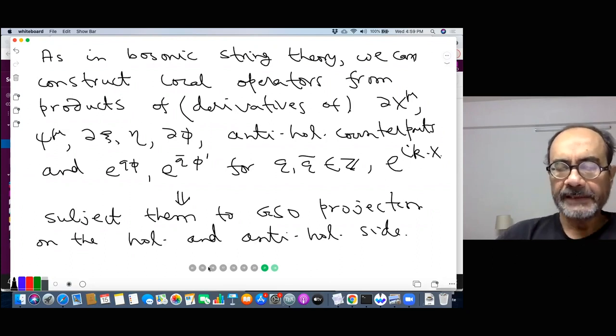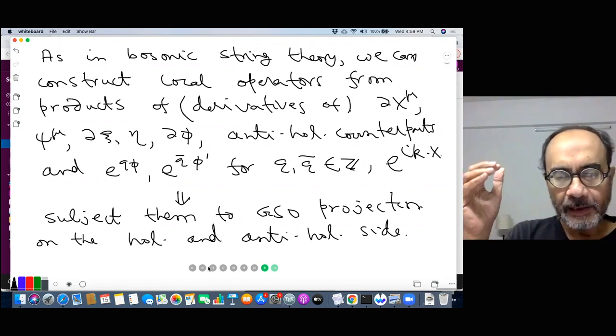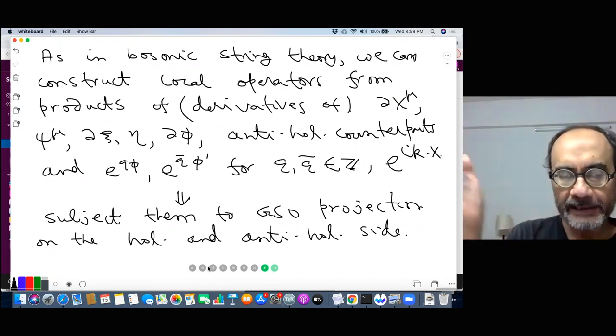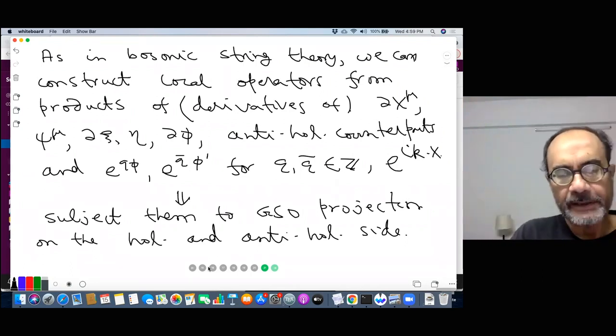Roughly, GSO projection reduces the number of allowed operators to 1/4 of what the total set was, because you are applying a Z2 projection on the left and a Z2 projection on the right. So it reduces by half times half the number of operators that you started with.